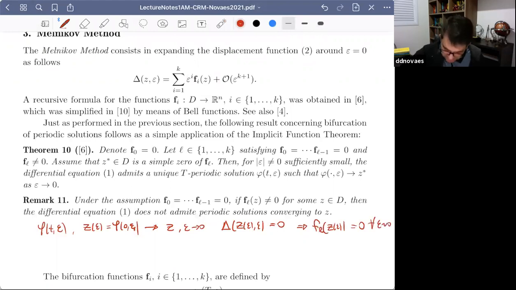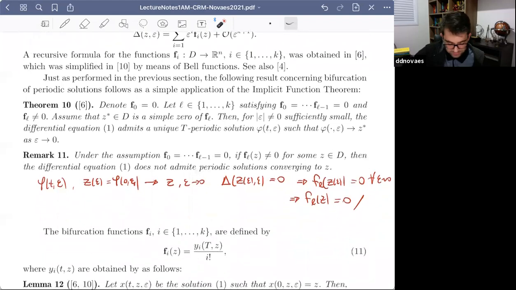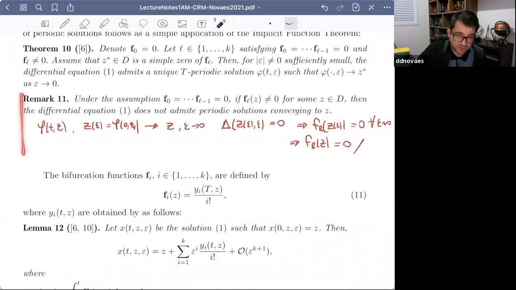And take the limit, we have that FL of z is equal to 0. So if FL of z is distinct from 0, then the difference equation does not have periodic solutions converging to this point. Okay, this is a simple remark that also is true for the previous theorem.